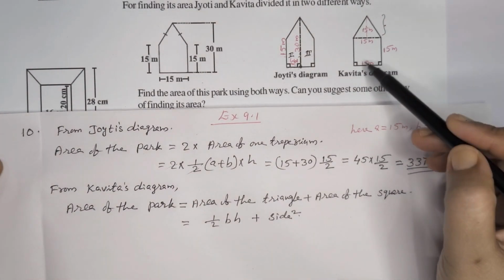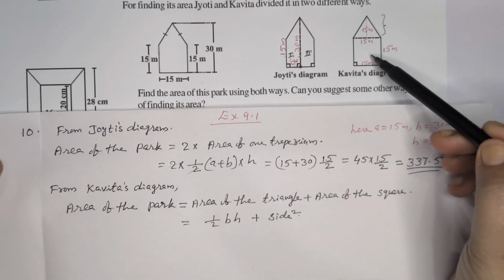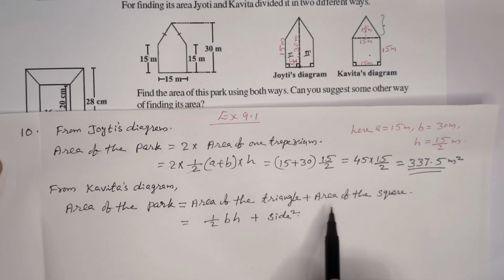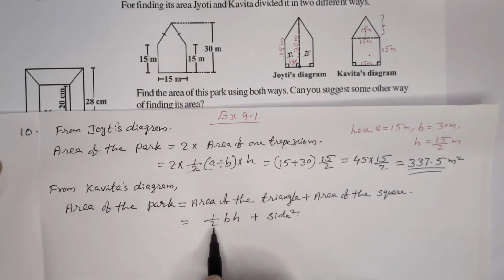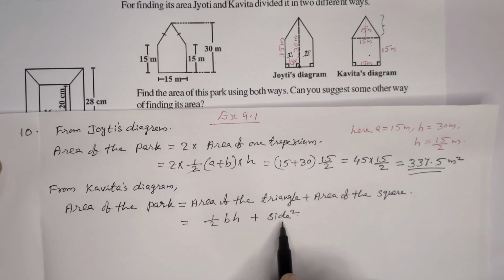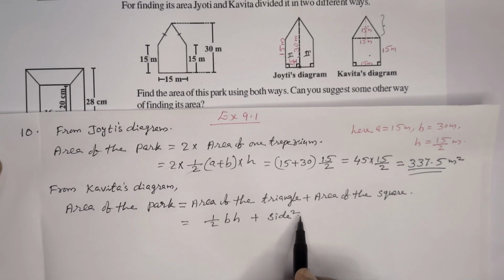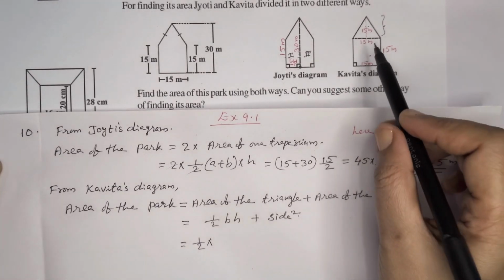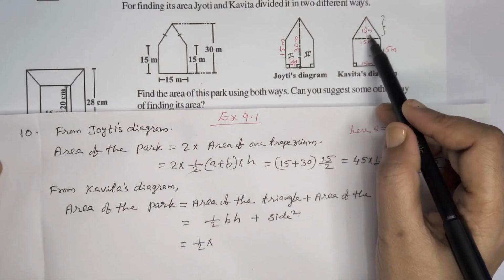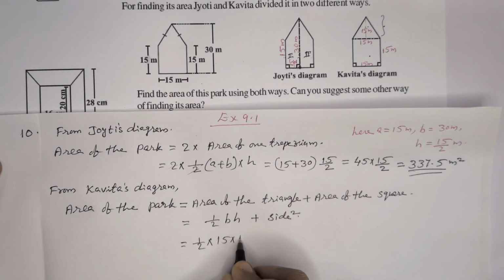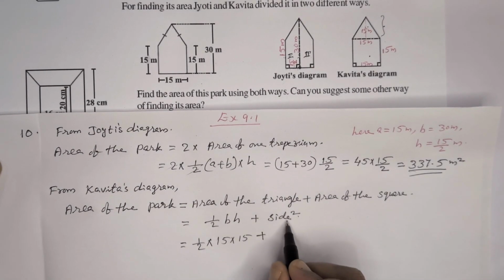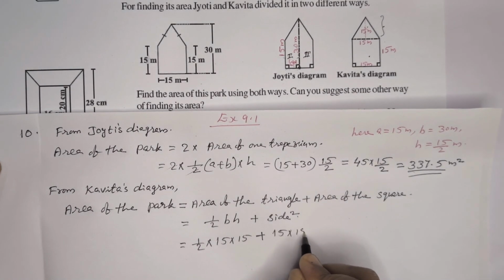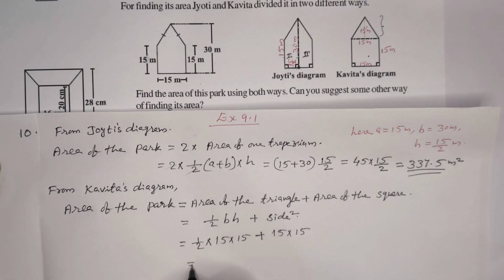So area of the entire park is equal to area of the square plus area of the triangle. You can write area of the park is equal to area of the triangle plus area of the square. Area of the triangle means half b h plus area of the square is side into side, otherwise side square, which is equal to half into, in this triangle base is 15 and height also 15, 15 into 15, plus side square, side is 15, so 15 into 15.